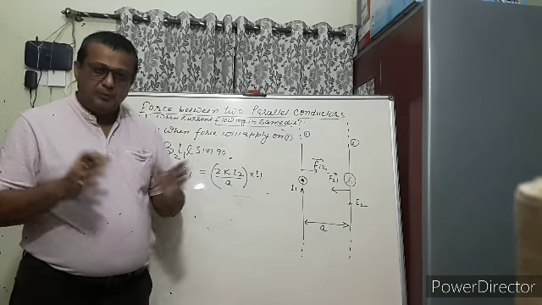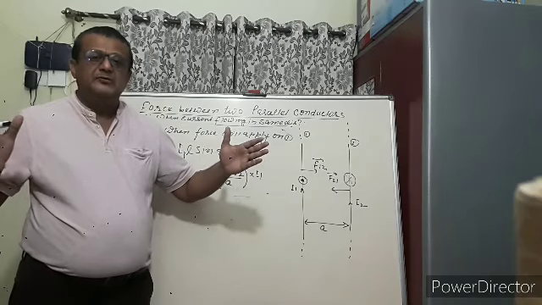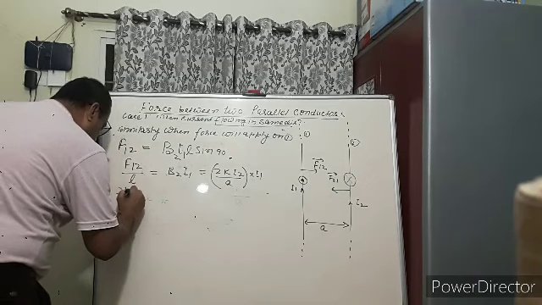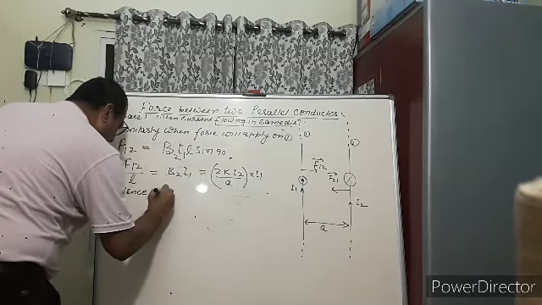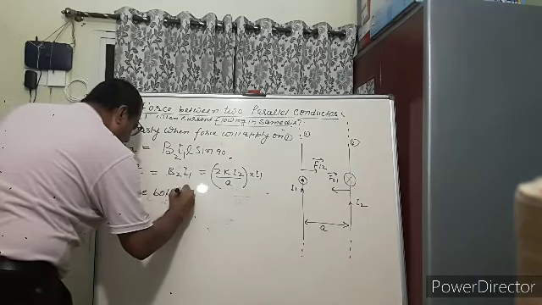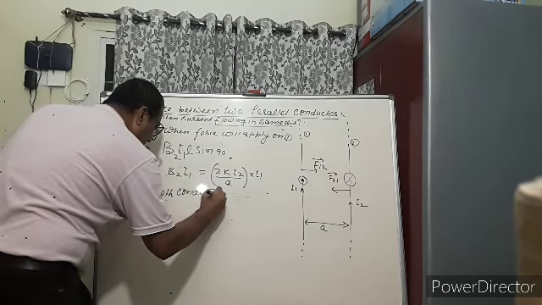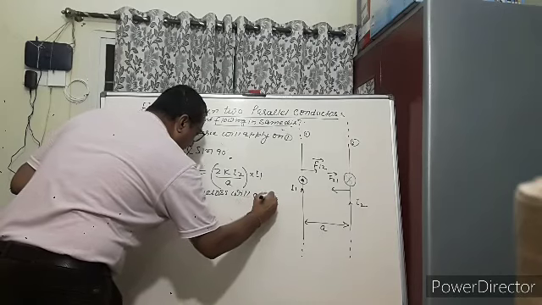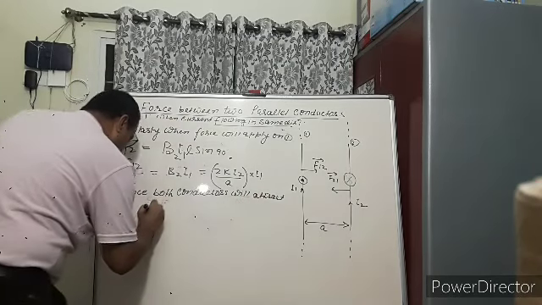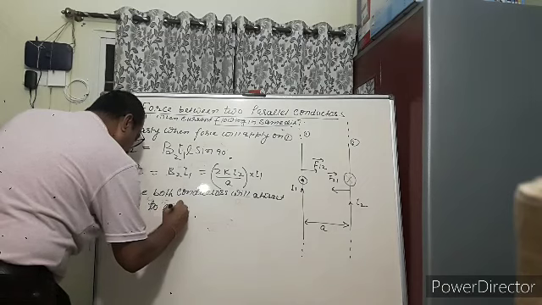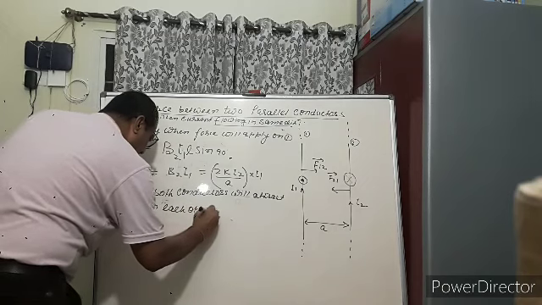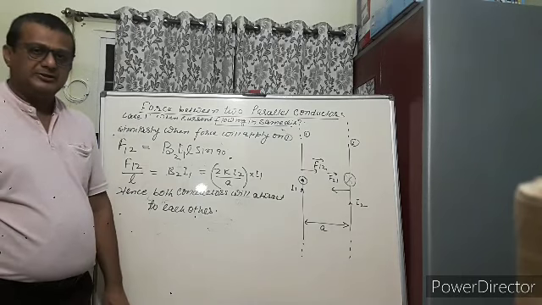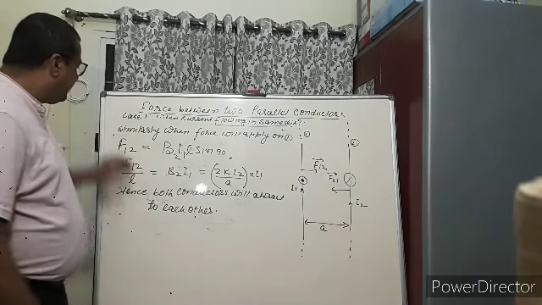That's why both conductors will attract each other. Because the direction is opposite and the magnitude is the same. I think it is clear? Now after that, case 2.